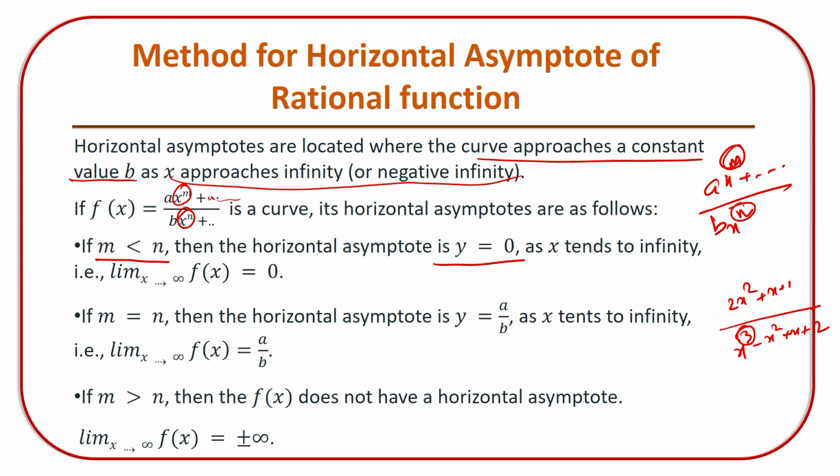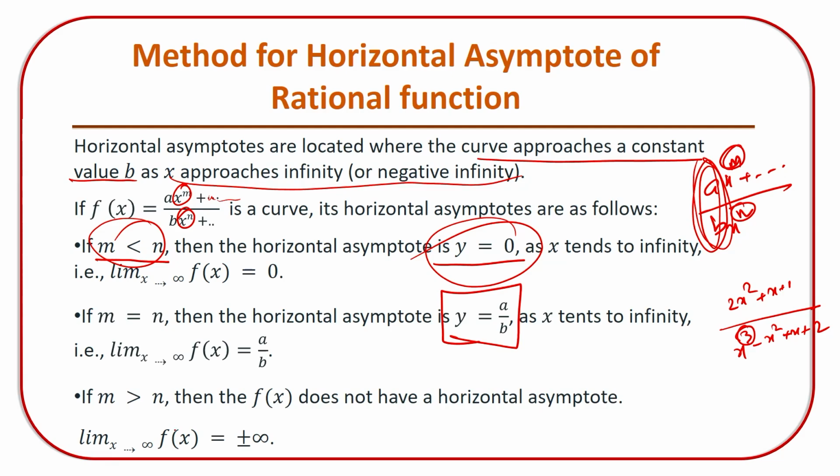Remember this one: if m is less than n, then y equal to 0 will be your horizontal asymptote. Similarly, if m equal to n, then you have to find the ratio of the coefficients, and y equal to a by b becomes your required horizontal asymptote.